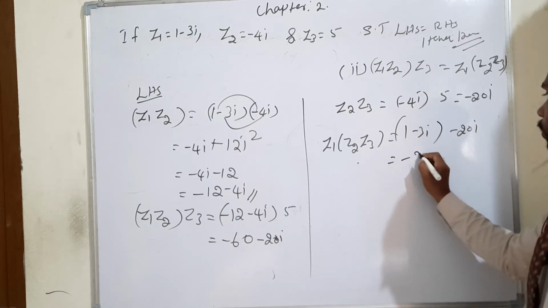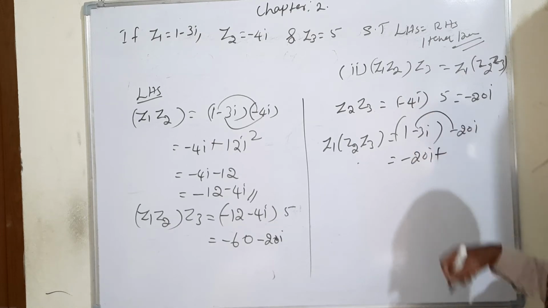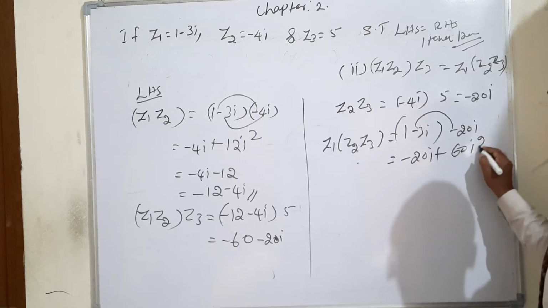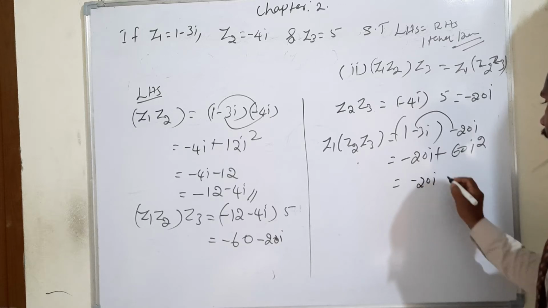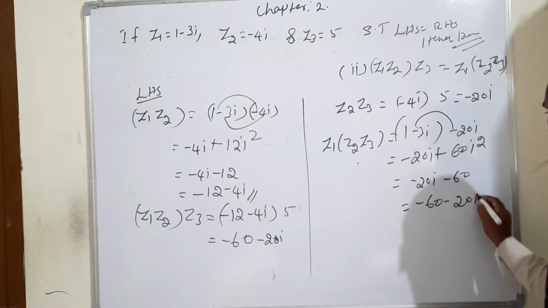Again, minus 20i into 1 means minus 20i. Again minus into minus plus, 20 into 3, 60, i square. I square means already you know minus 1. Therefore, minus 20i minus 60.